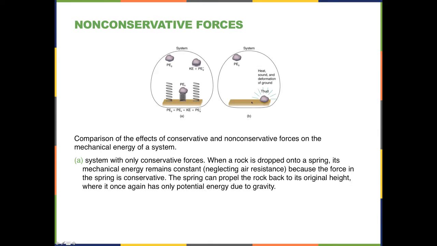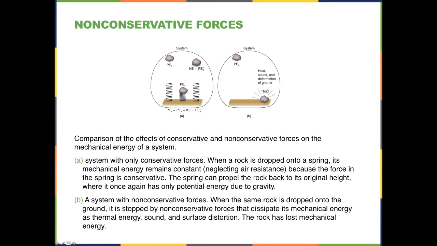Now this system represents non-conservative force. So the rock falls to the ground, plop, and there's no mechanical energy or potential energy. So what happens is, as this says, if the system has non-conservative forces, then the same rock is dropped onto the ground and it is stopped by non-conservative forces that dissipate its mechanical energy.